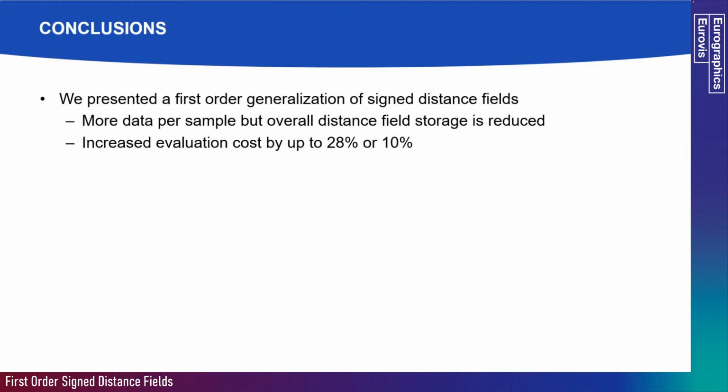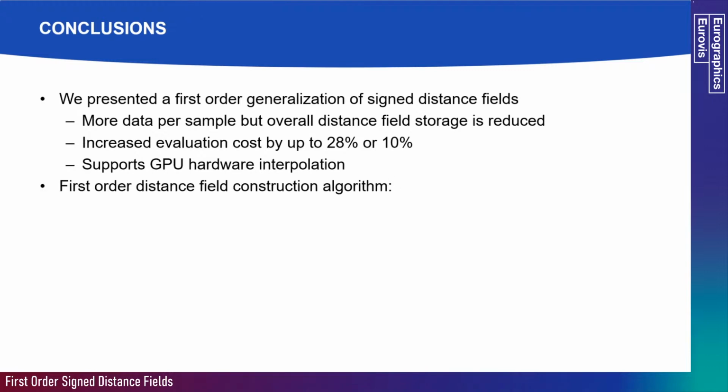However, it can be mitigated by using smaller resolution first-order fields of the same precision. We have also shown that GPU hardware filtering can be applied to this representation if samples are stored in a polynomial global basis. Additionally, we presented a general first-order distance field construction algorithm.